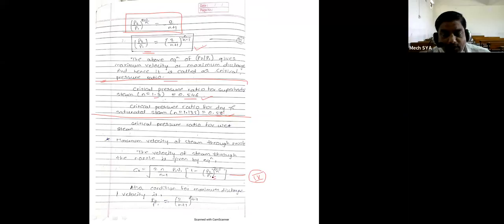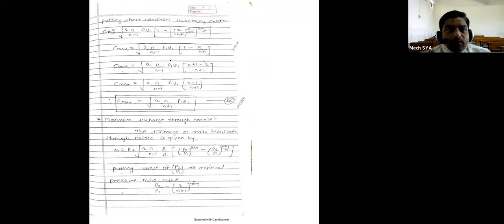So C2 will become C max, because we are putting the condition for maximum velocity. C max is equal to the square root of 2n upon n minus 1 P1 V1 into 1 minus P2 upon P1, which becomes (2 upon n plus 1) raised to n upon n minus 1, multiplied by n minus 1 upon n.